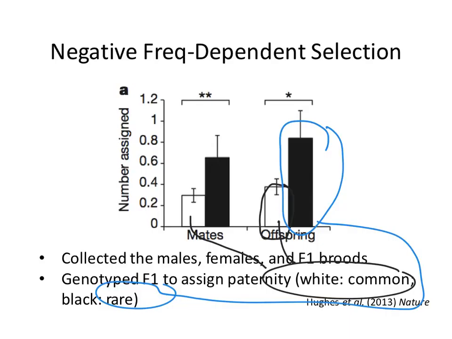Regardless of whether the rare male had the clear tail or the colored tail, the white columns are representing the common phenotype males and how many kids they sired. And the black bars represent how many kids, whatever the rare phenotype was, they had. So almost twice as many, basically. And remember, there were way fewer of those rare males, too.